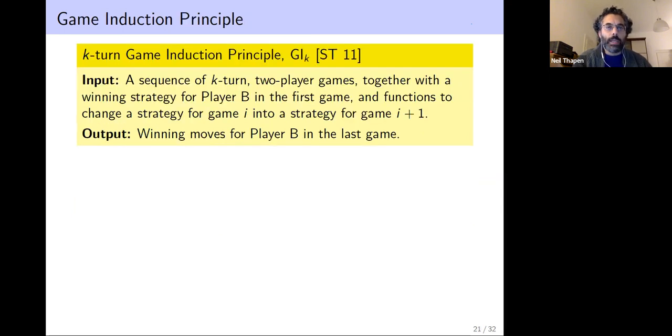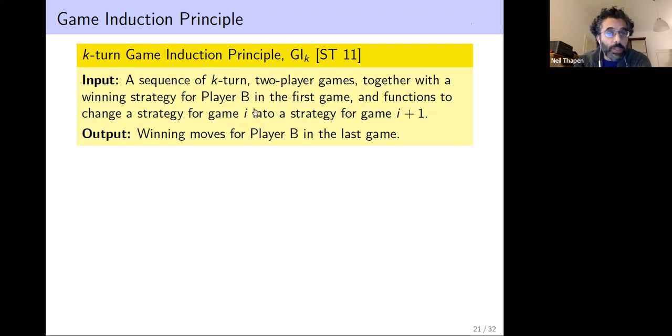And then we are able to go further and get some more principles. I'll have a picture in a moment. So again, I haven't given the full definition here, but this is a statement about a sequence of games, and you have some polynomial time machinery that tells you that player B wins the first game.